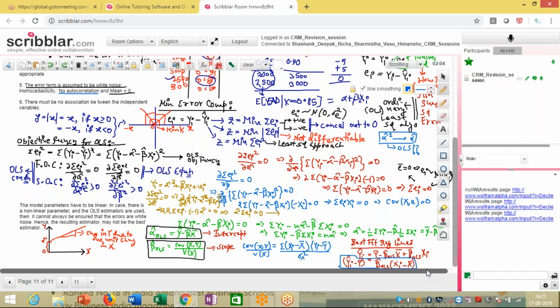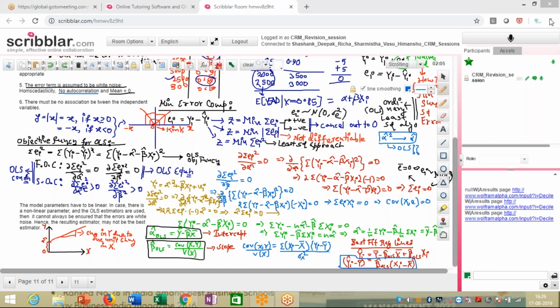To understand how to test for the overall goodness of fit, the individual significance, the issues with this model, and then we extend it to the multiple linear regression model framework, where a few more concepts would be coming in.